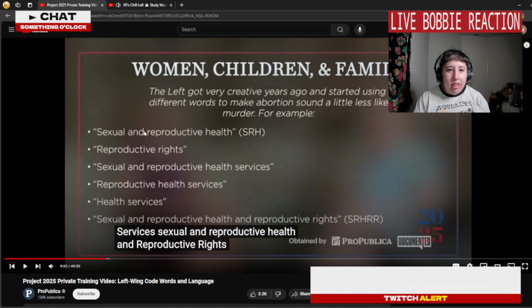See, and then they list these terms that are sexual and reproductive health, reproductive rights, sexual and reproductive health services, when that's what it is. You cannot say that abortion is not a reproductive rights issue when it is an issue of reproduction. They are the ones who are redefining what these words mean.